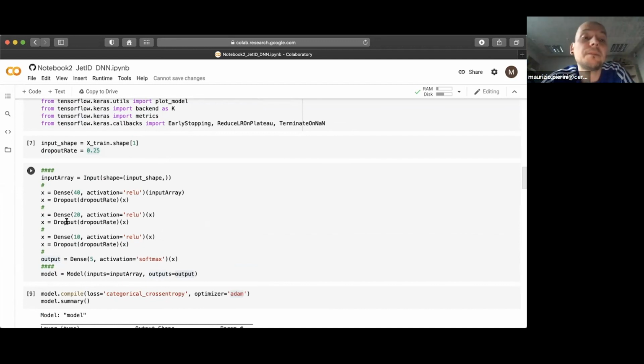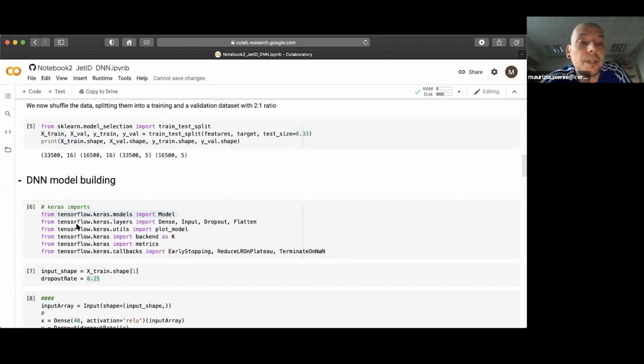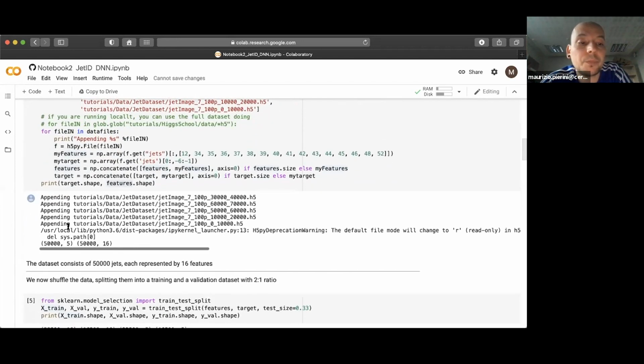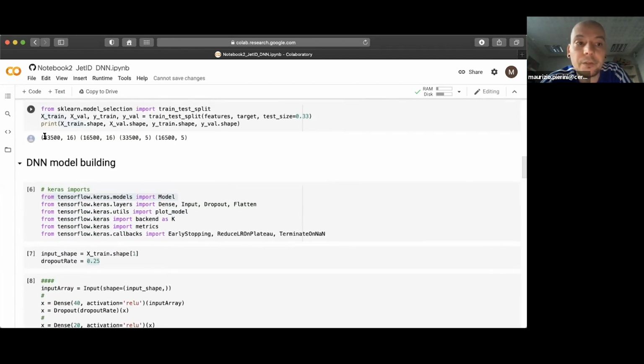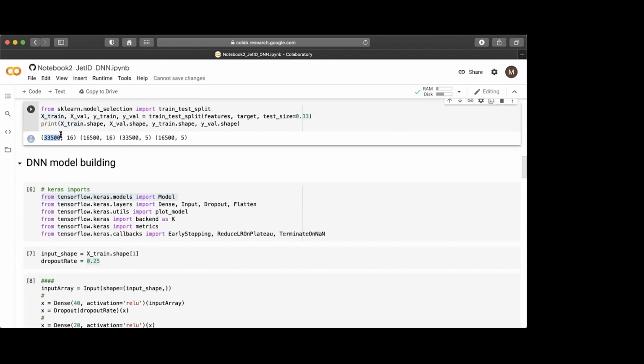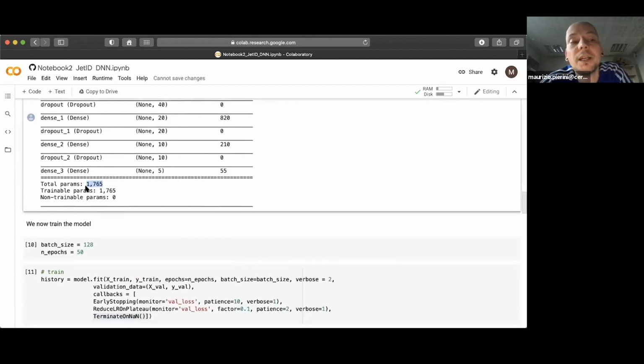A typical rule of thumb is that if you have, how many do we have? We have 33,500 examples for training. It doesn't make sense to put something comparable to that. Typically, we like this number to be 10 times smaller. But then it's up to you to decide whether to put all of them in one layer or in 65 layers.